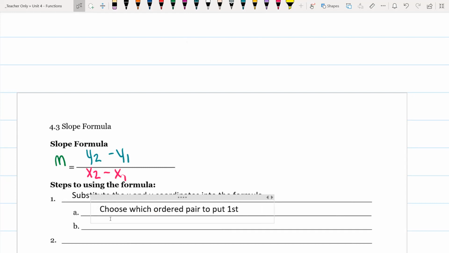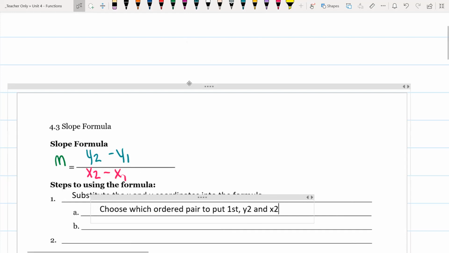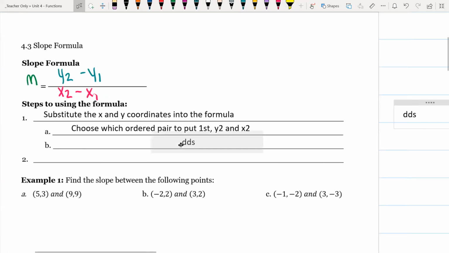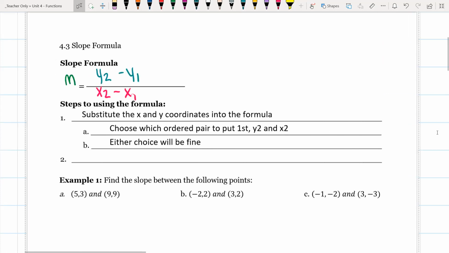What I mean by that is make that the y2 and x2. Either choice will be fine. It'll work the same. The slope will be the same no matter what you choose.